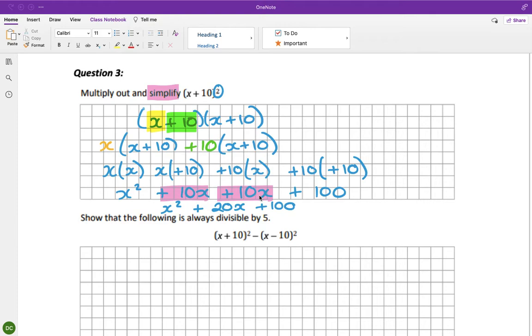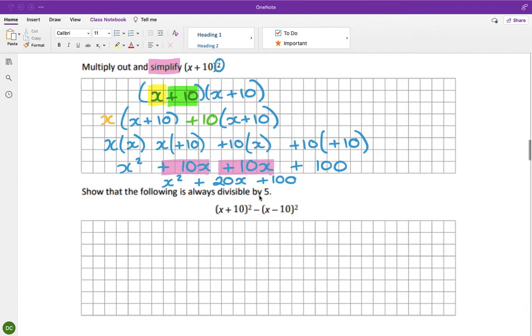Okay, and the second one. Show that the following is always divisible by 5. Okay? So the first part of this is the same as this, which we've already done, and the answer is that bit there. Yeah? So we don't have to do that again, we've done it.